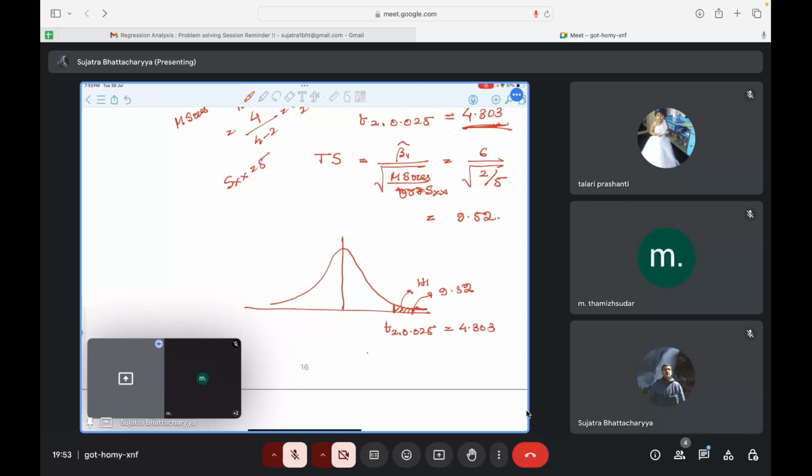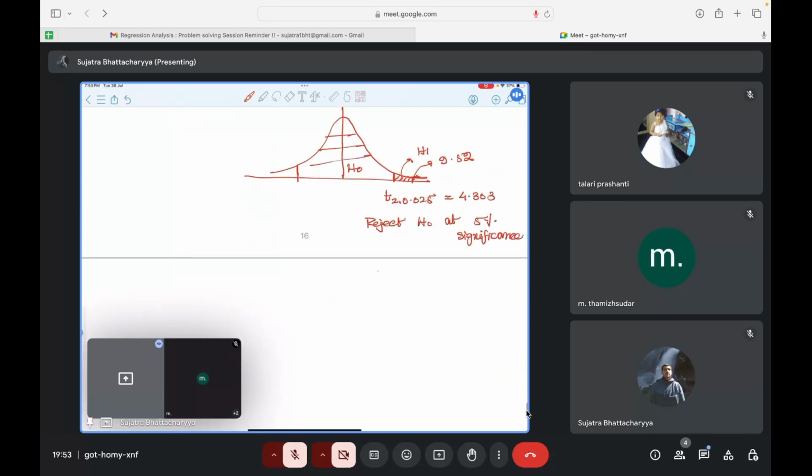Therefore, you have to reject this H naught, the null hypothesis, at 5% significance. That means at 95% confidence, or 5% significance level, you can say that H1 is true.